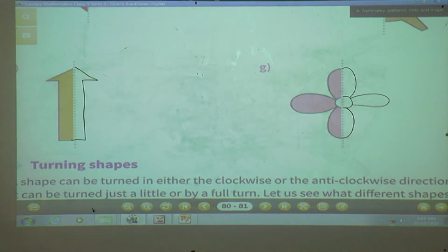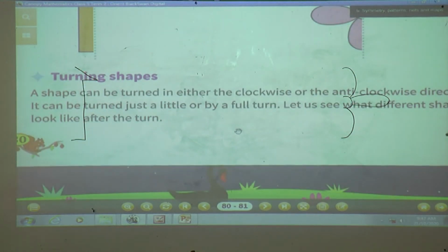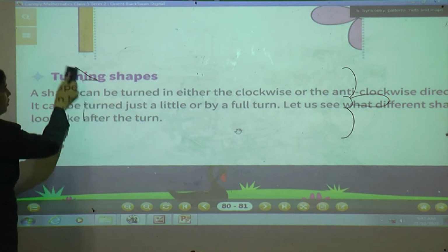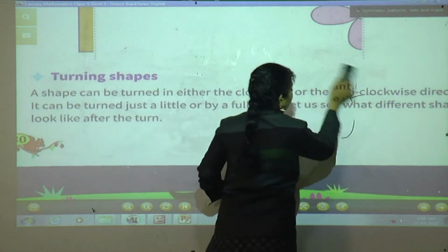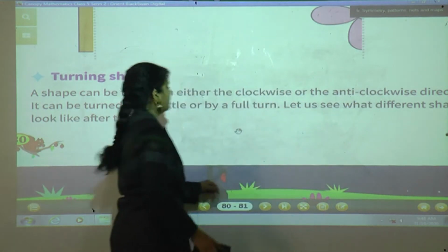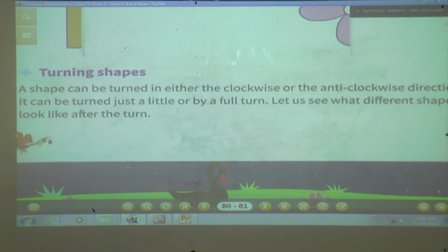Now our next point, turning shapes. A shape can be turned in either the clockwise or the anti-clockwise direction. It can be turned just a little or by a full turn.